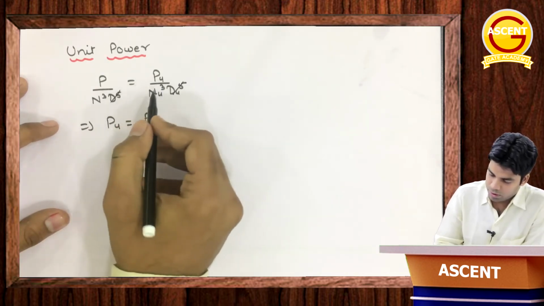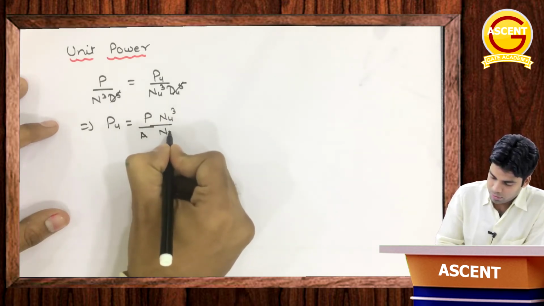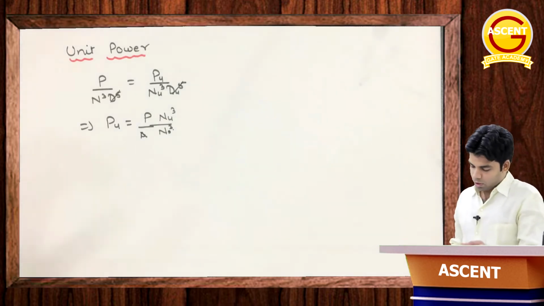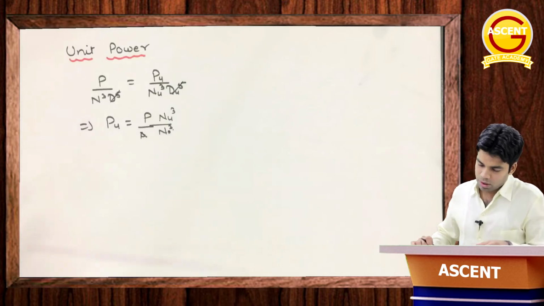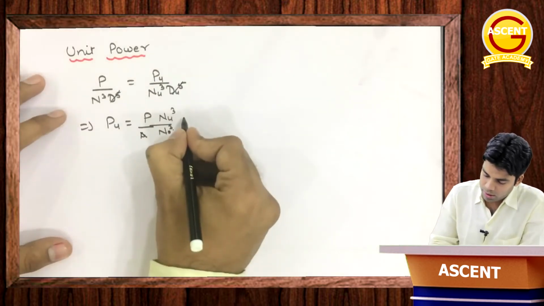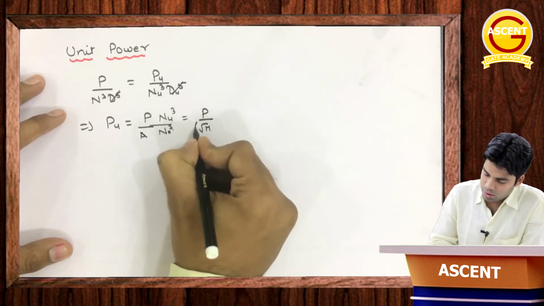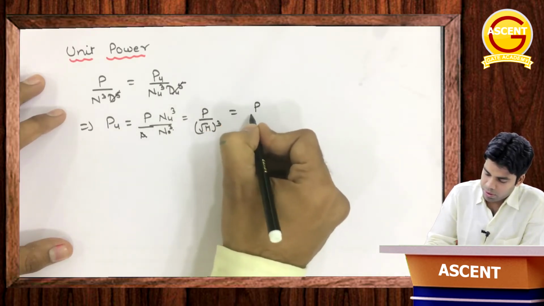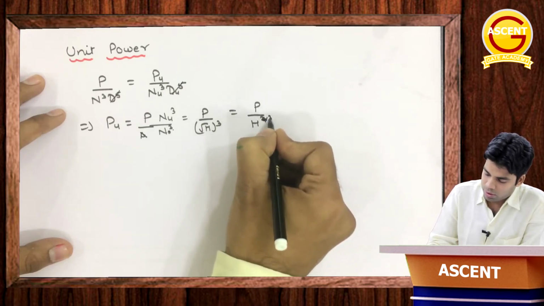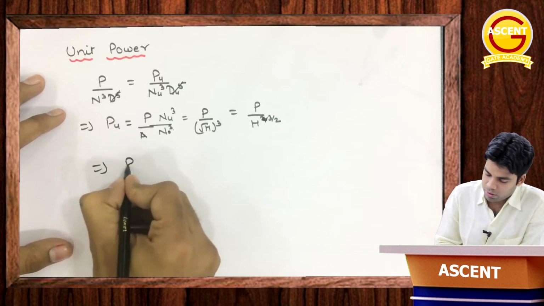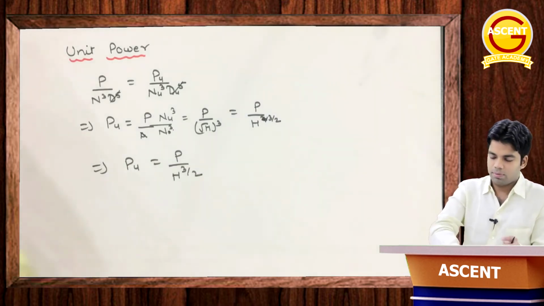Pu will be equal to P into Nu cube divided by N cube. Now Nu by N is 1 by root H, so this will be P by root H whole cube, or you can say P divided by H raised power 3 by 2. So the unit power Pu is equal to P by H raised power 3 by 2, that's it.